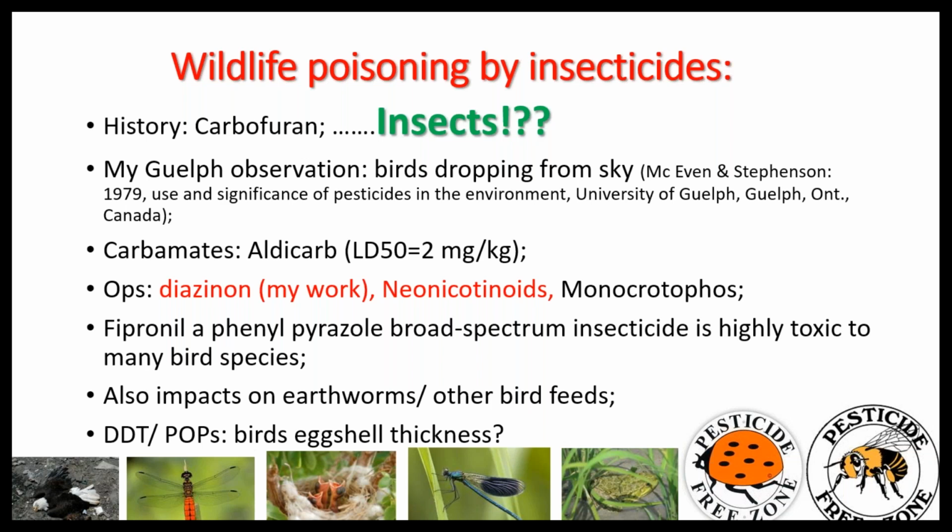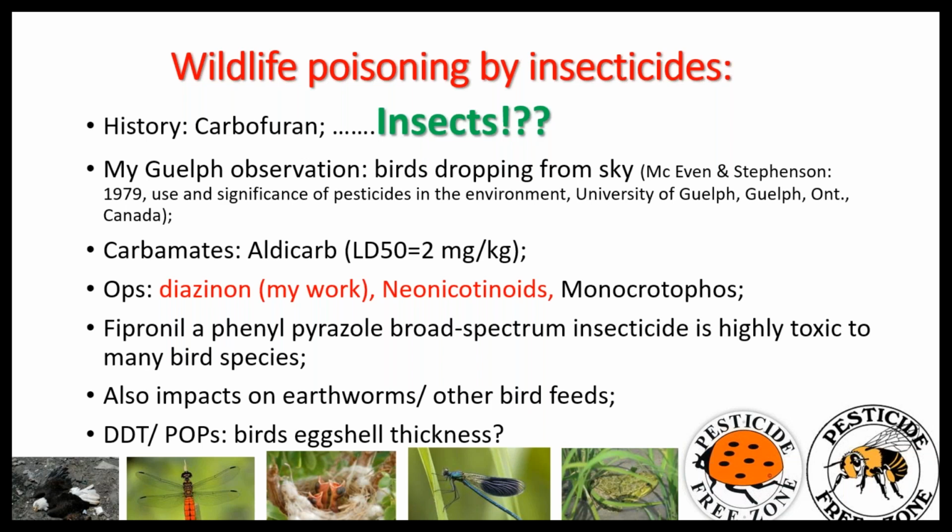This is about my observation in Guelph, that some bears were dropping because of the sequestrated insecticide entering their body. Carbamates, for example, aldicarb, a very, very, very dangerous insecticide with only 2 milligrams per kilogram LD50.